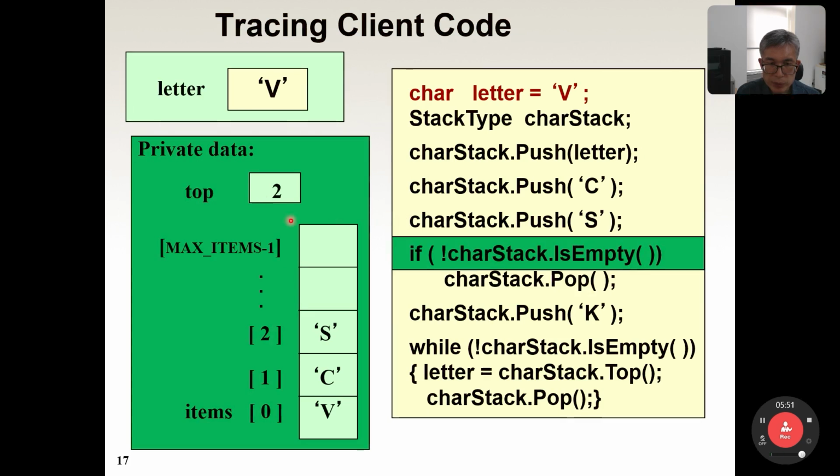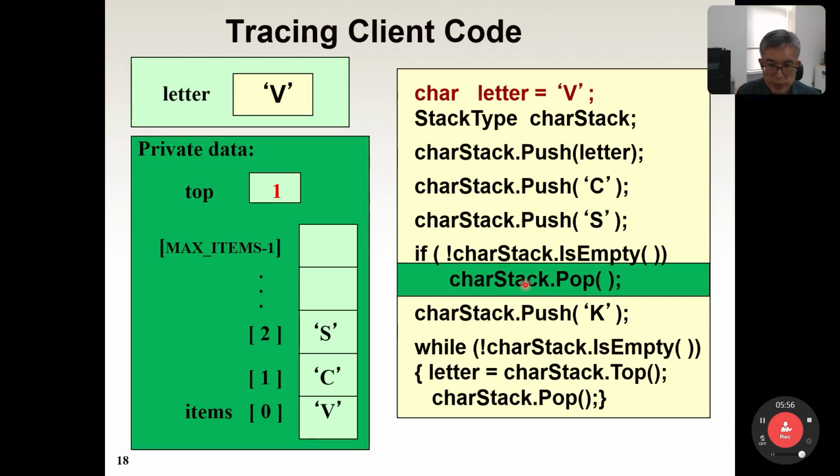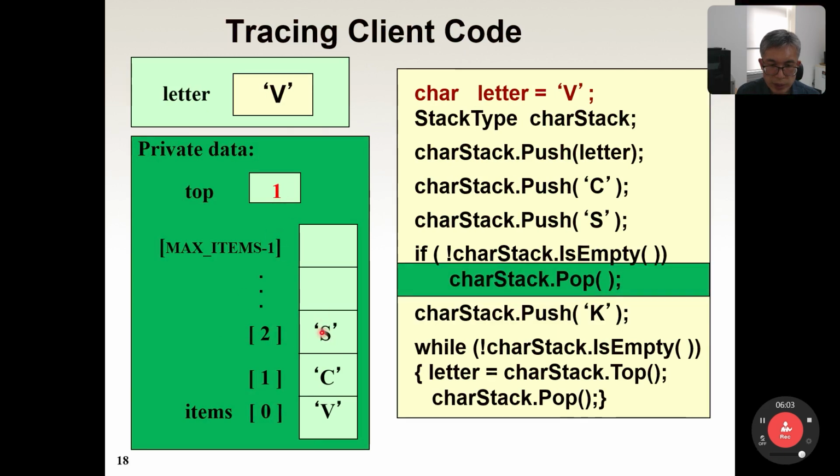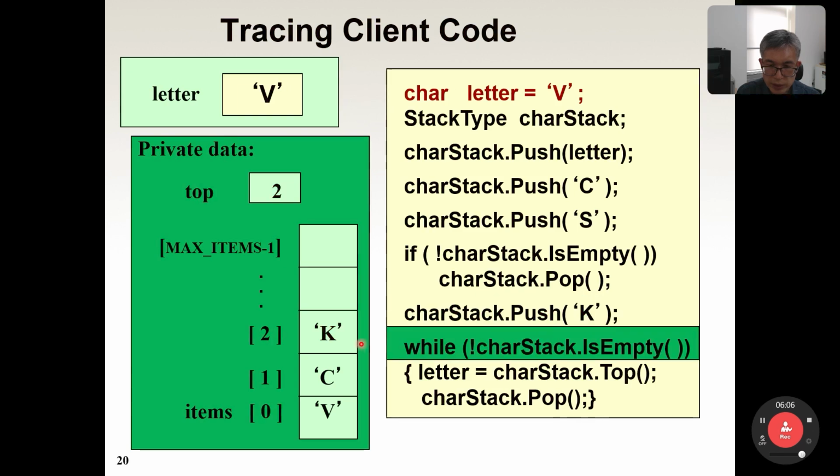The top is decreased by 1, and we pop. Then we push again, increase the top by 1, and the top character, previously S, is now K. The loop continues until the stack becomes empty, so we check the letter and pop. Not empty, right? When the empty case is true, we exit.